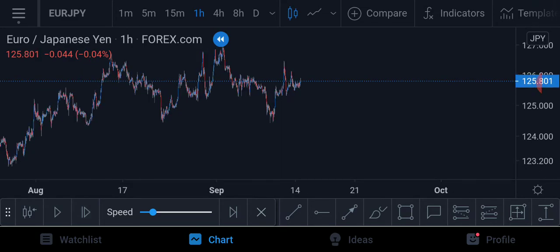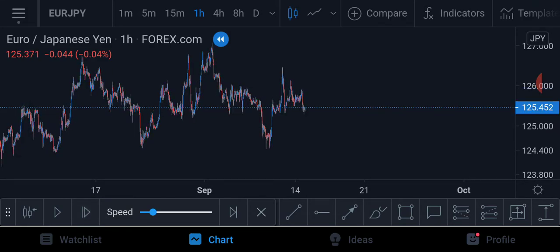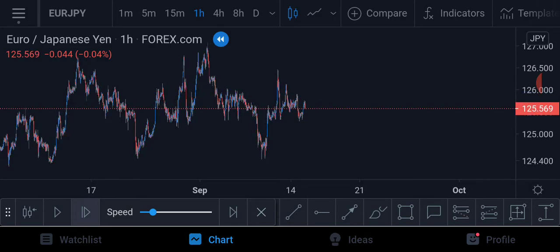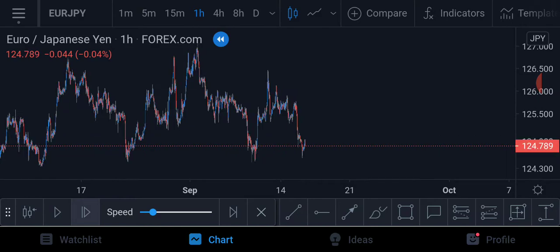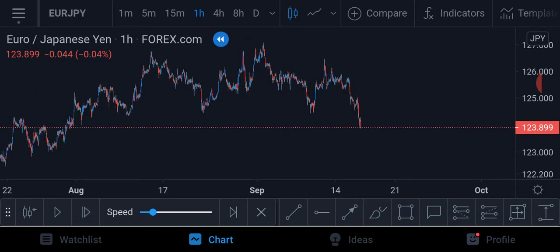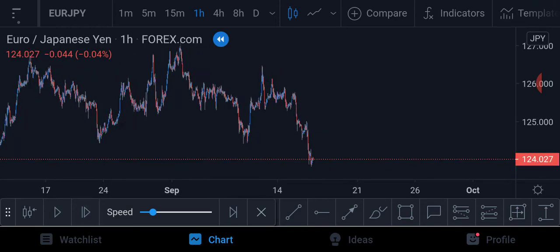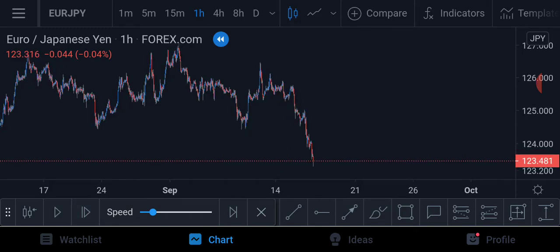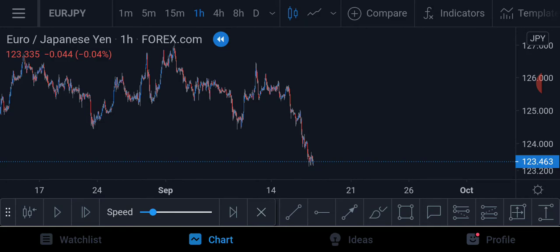Not a clear structure right now. There is a bigger pattern on the 4-hour time frame, but for this video I am only using the hourly time frame, so I am not entering this trade.